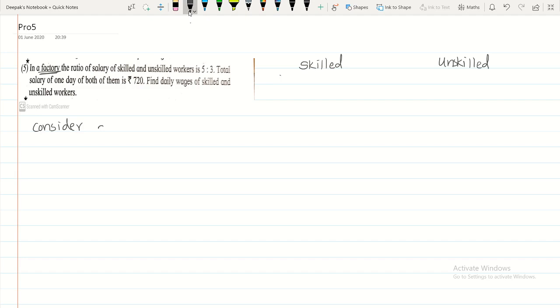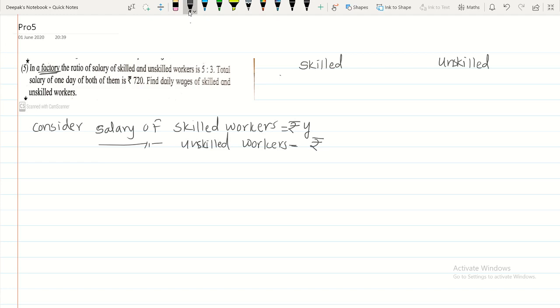It is a salary thing, salary of a skilled worker, that is equal to rupees y, and salary of unskilled workers, say rupees x.